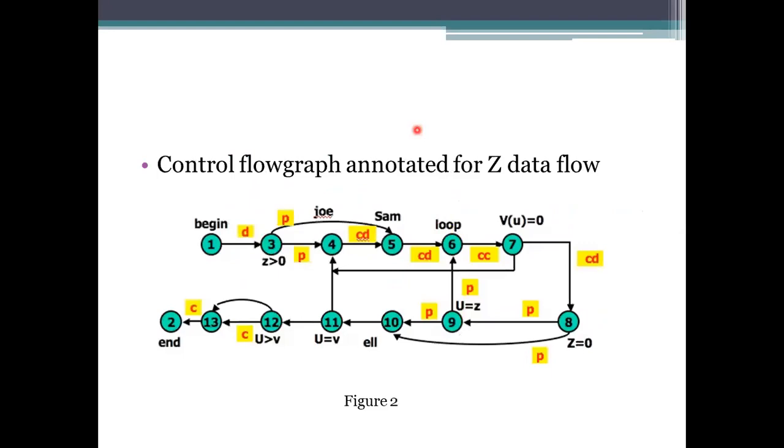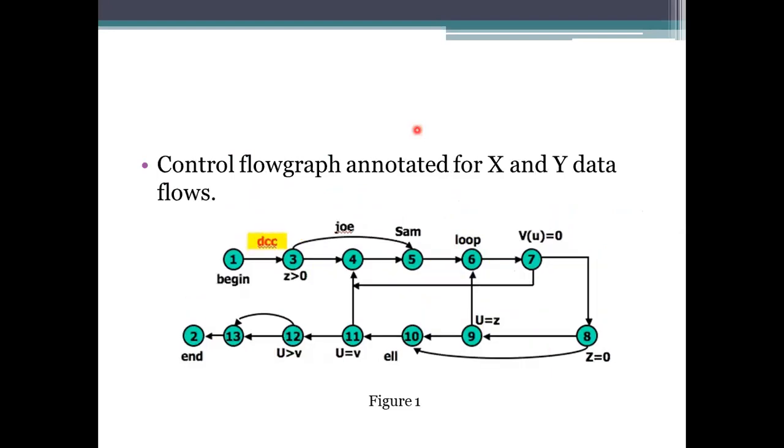So see here, this one, x and y. x and y have been defined here. I need to check that. I need to go for the test of whether this has been used or not. That's all. Whether it is a computation or a predicate, there is no restriction. We need to consider whether it has been used or not.